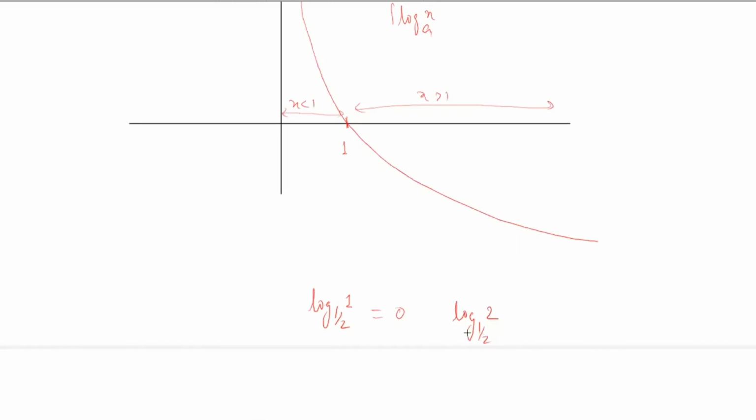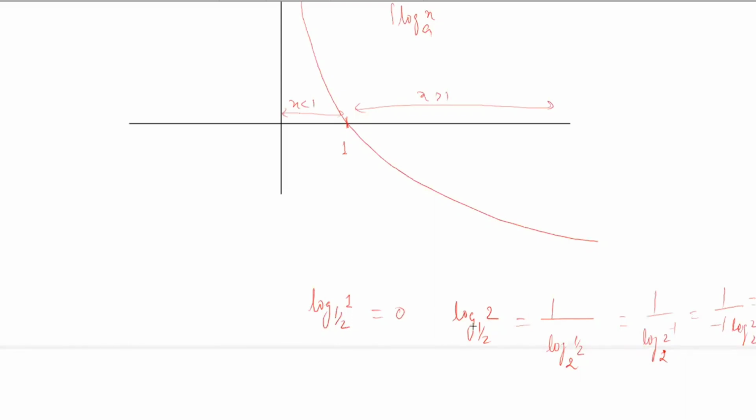Can I write this as 1 upon log half to the base 2? Then can I write this as 1 upon log 2 to the power minus 1 to the base 2, or 1 upon minus 1 log 2 to the base 2? This will become minus 1.